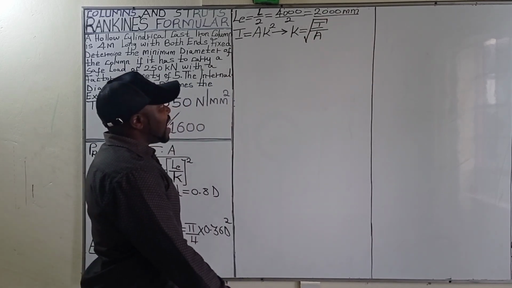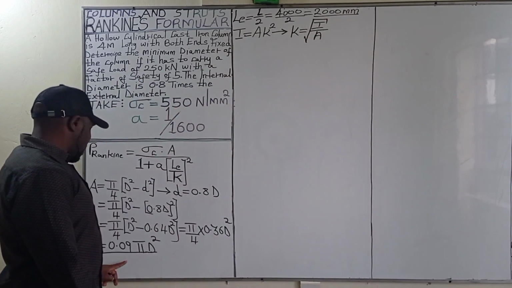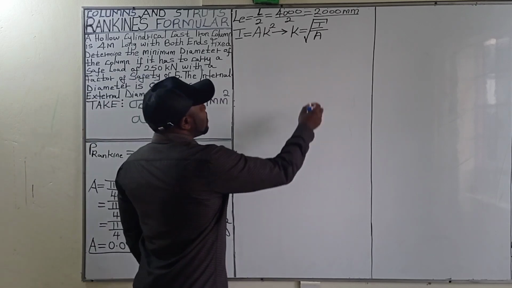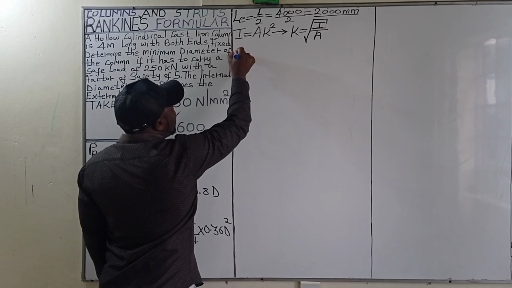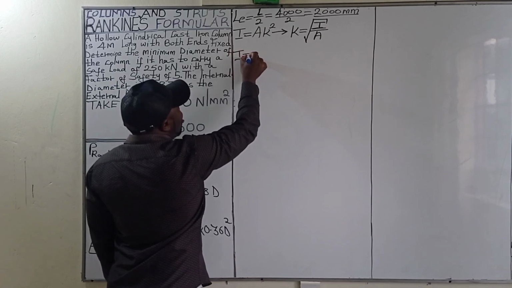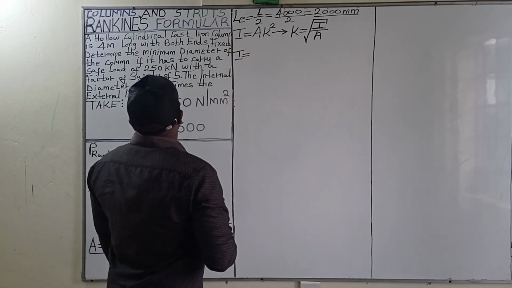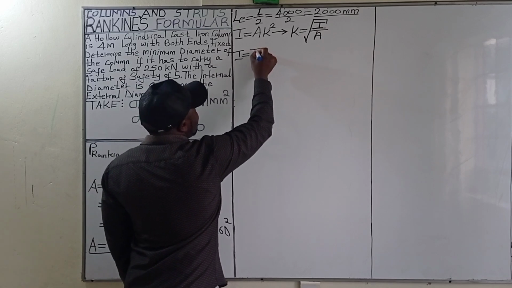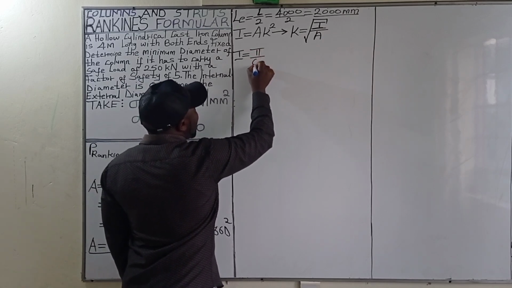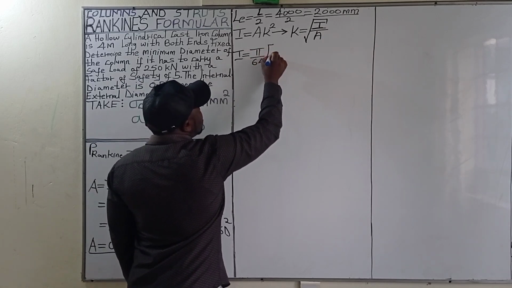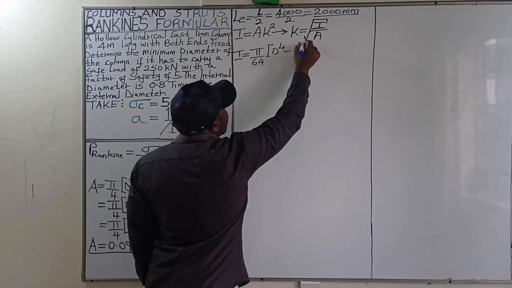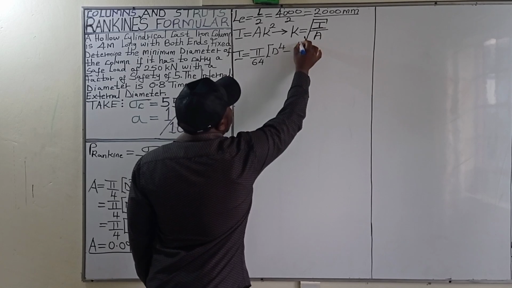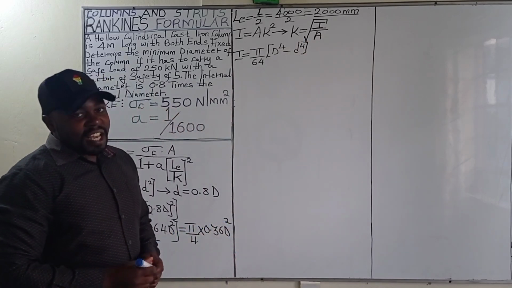We have the cross-sectional area, so we are going to determine the moment of inertia. The moment of inertia of this hollow column will be given by pi over 64 into D raised to 4 minus d raised to 4, since this column is hollow.